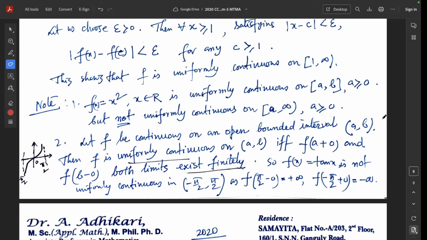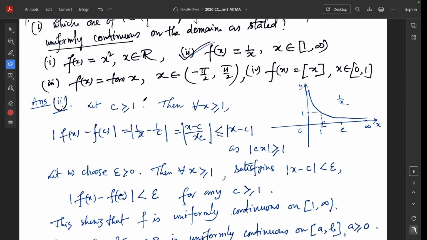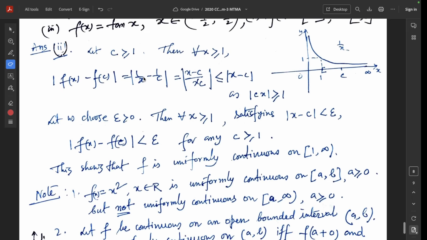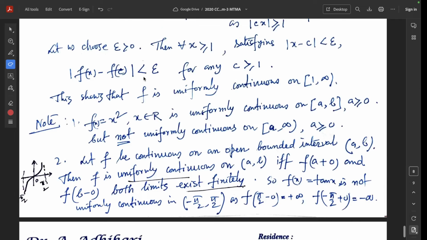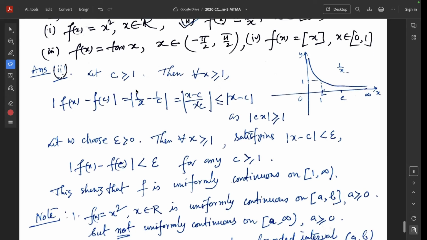This is the condition for an open interval. But here tan x, when x tends to π/2 minus, tends to plus infinity, and when x tends to −π/2 plus, tan x tends to minus infinity, so not finite. So obviously f(x) = tan x is not uniformly continuous on this interval.